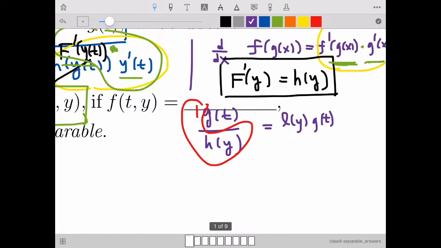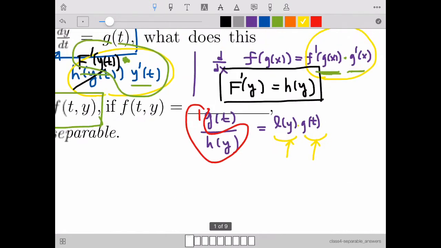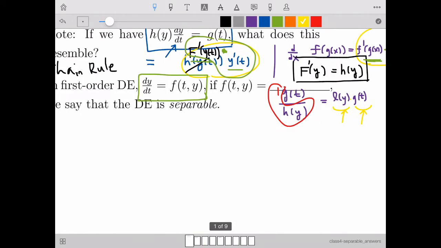So if it is a function of y times a function of t, the variables are separated. If we have such a DE, that DE is called separable.